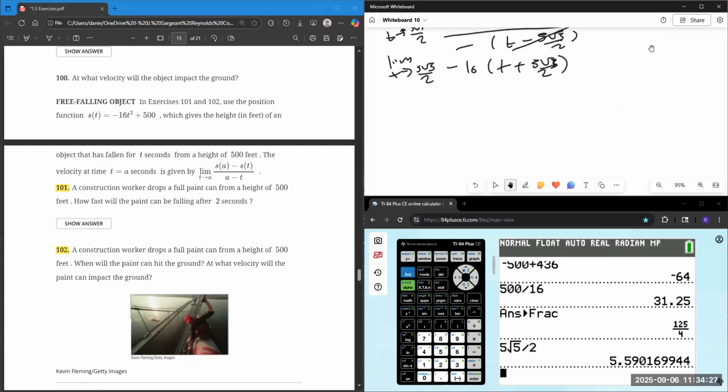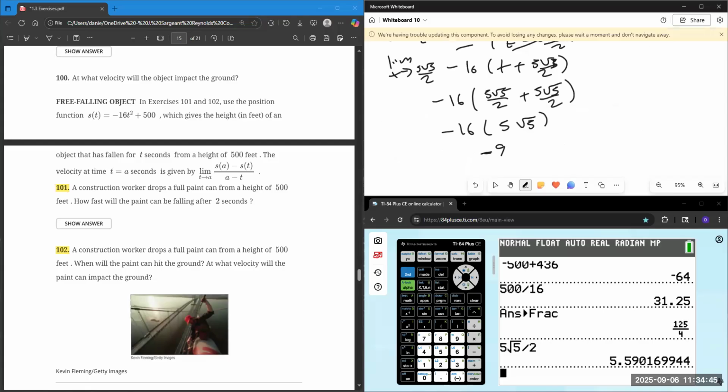will give me a negative 16 times (5 root 5 over 2 plus 5 root 5 over 2). It's negative 16 times 5 root 5, which is negative 80, 5 times 16 is 80.